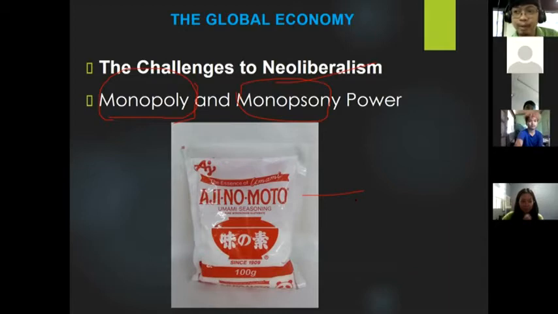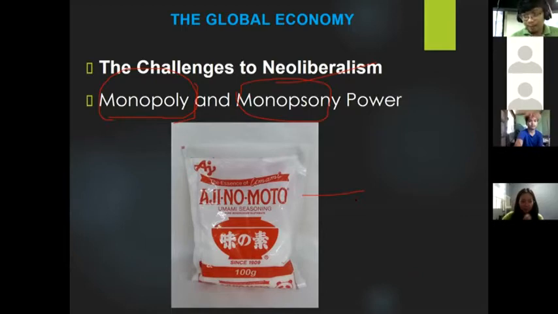Meron ba kayong alam na ibang brand ng monosodium glutamate or betsin? Wala, no? So, Ajinomoto holds the sole distributorship of pure monosodium glutamate in the world.